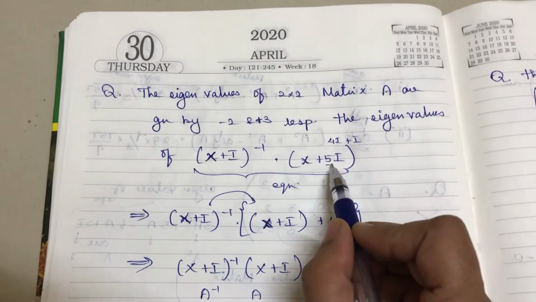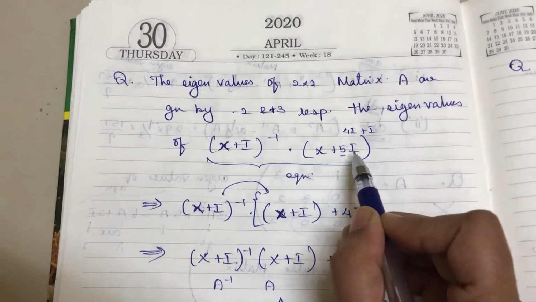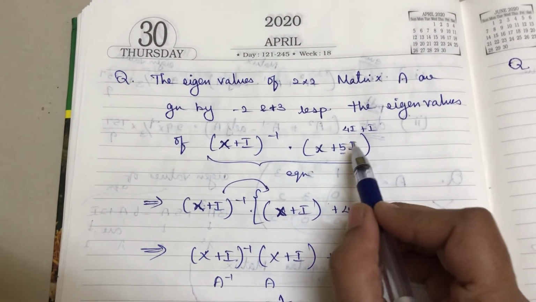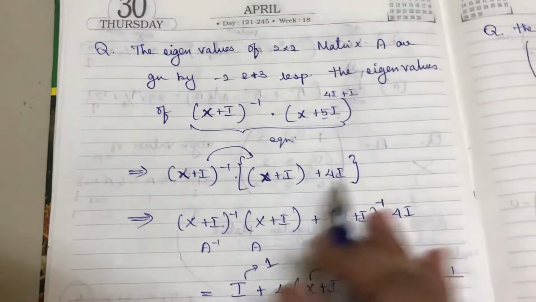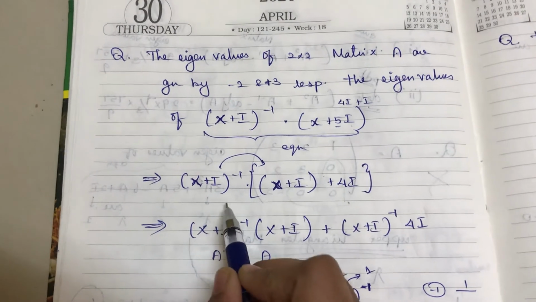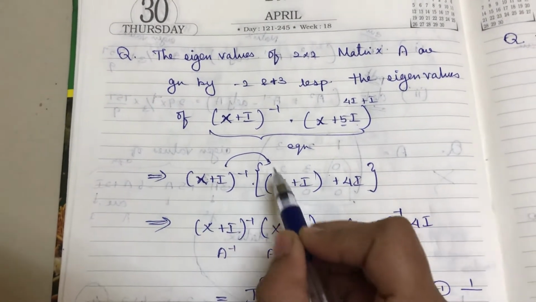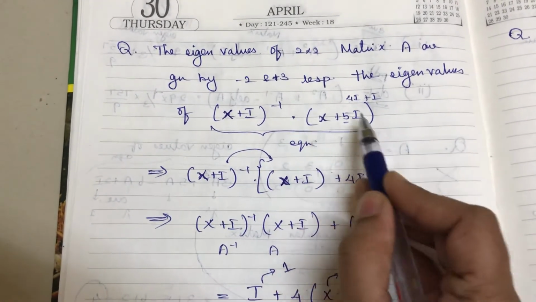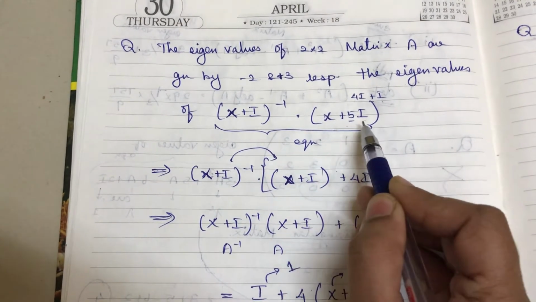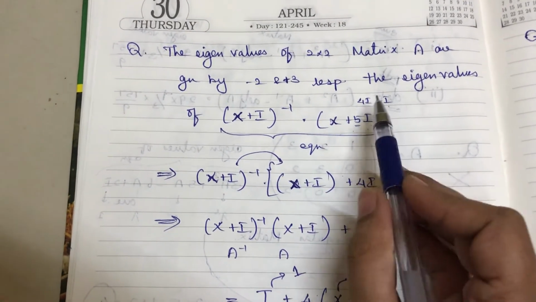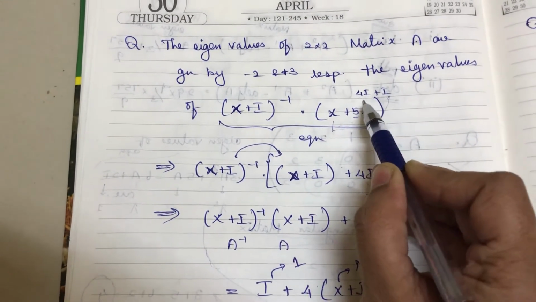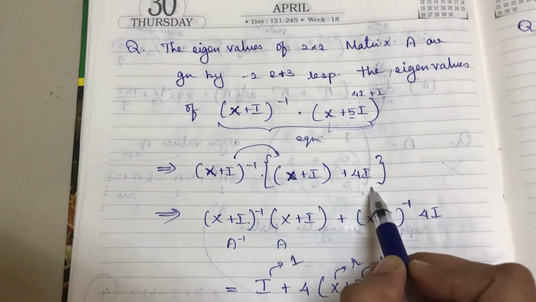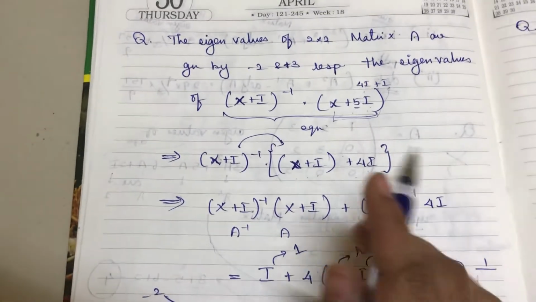How can I change this 5i? Just change this 5i as 4i plus I, right? So x plus I, the whole inverse, into, I just make this thing as x plus I plus 4i. I'm just separating here. Okay, I have done that.